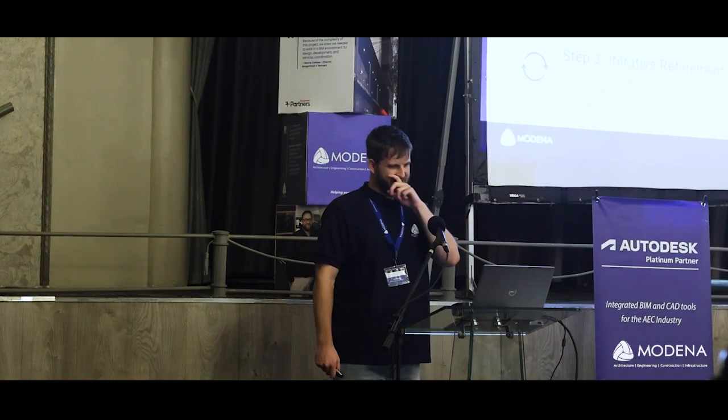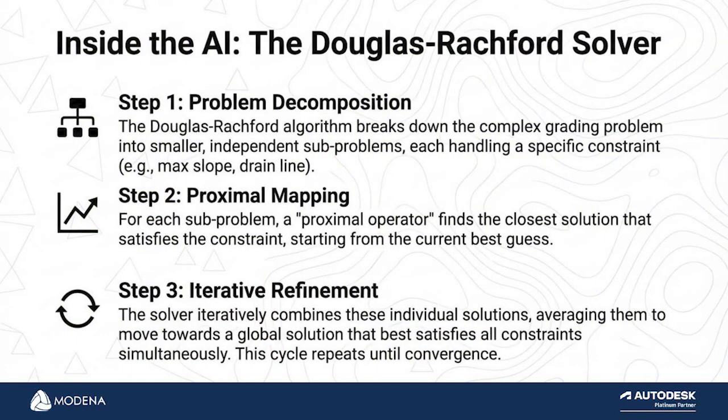So let's have a look at the physical Douglas-Rachford solver. We've got 2 or 3 steps that happen through the Douglas-Rachford. The first step is where it takes in our grading site, our platform, our pond, and our pathway. It starts on step 1, and it identifies each tool and assigns them their hierarchy within these calculations.